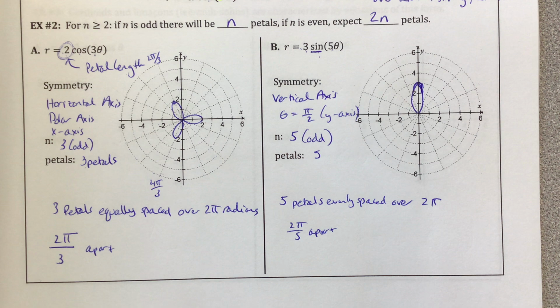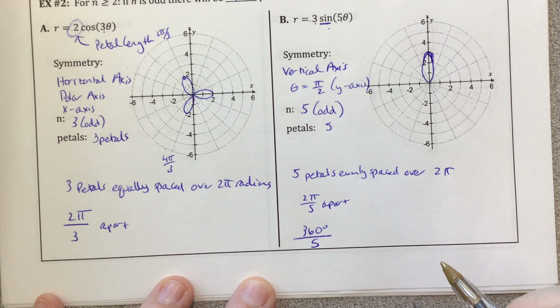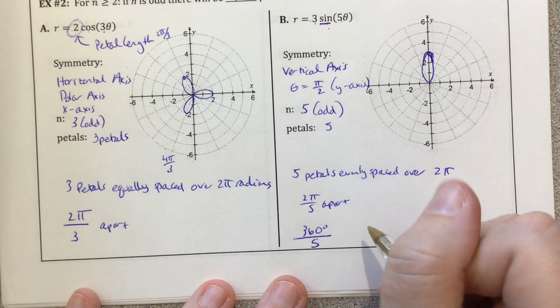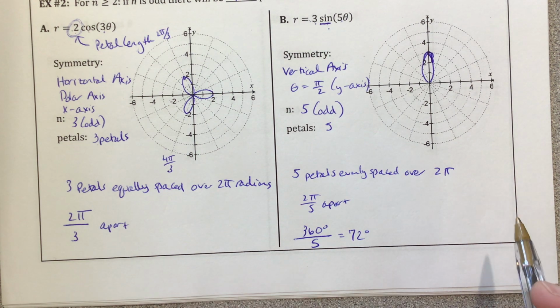Our graph is not spread out in increments of pi over 5. So this might be a little bit easier to consider if I think about degrees. If I take 360 degrees and divide it evenly 5 ways for those 5 petals, grab my calculator, I'd find those are all 72 degrees apart.